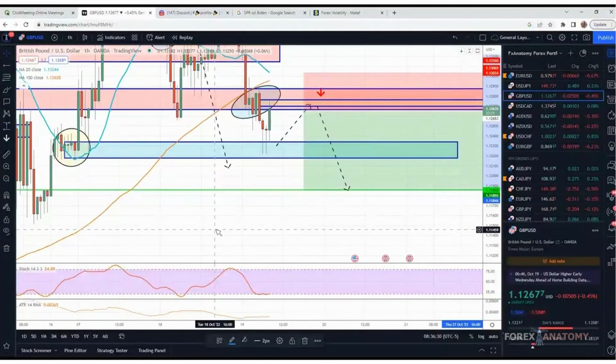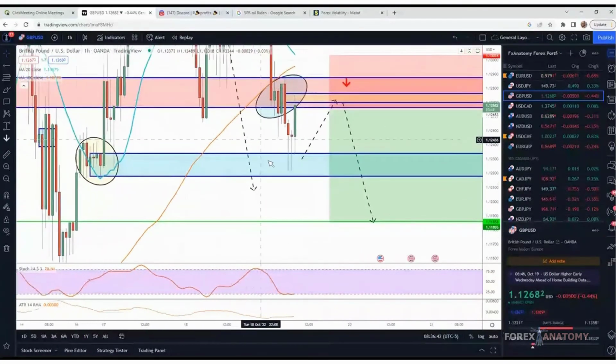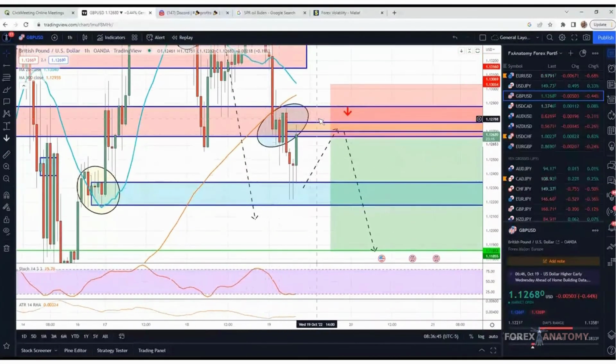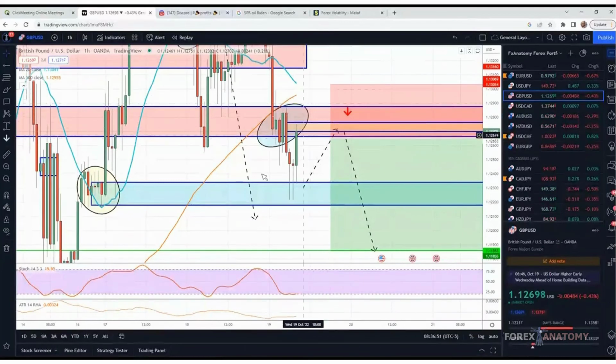All right. So we'll see what happens, and hopefully we'll see a continuation of this move to the downside. If not, then we'll be stopped out. I know we got in a little bit higher, but we'll let you know.